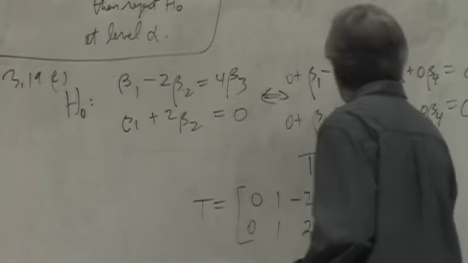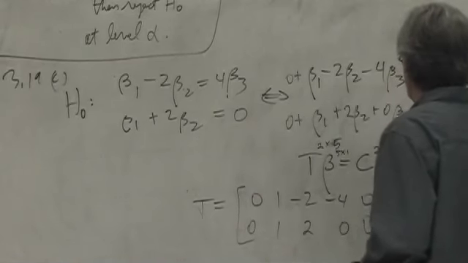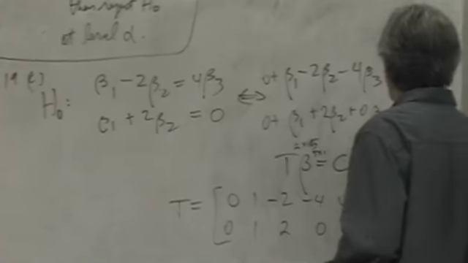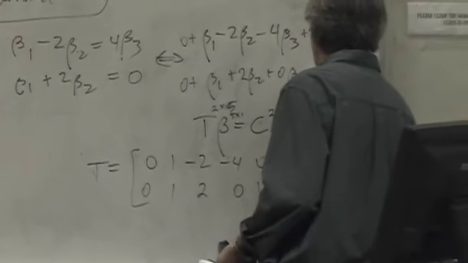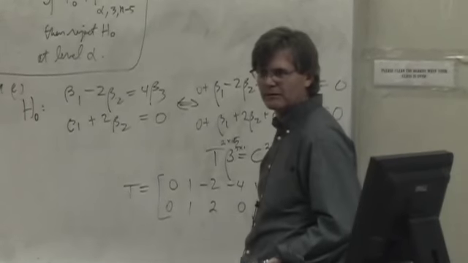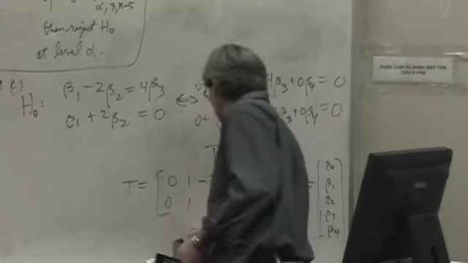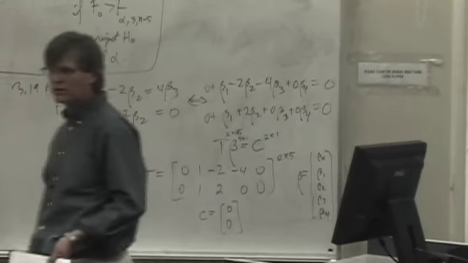That's a 2 by 5 matrix. Beta is, of course, just beta 0, beta 1, beta 2, beta 3, and beta 4. So I'm checking all my dimensions to get this problem right. And C is the column 0, 0, because there are 2 homogeneous equations in the betas.